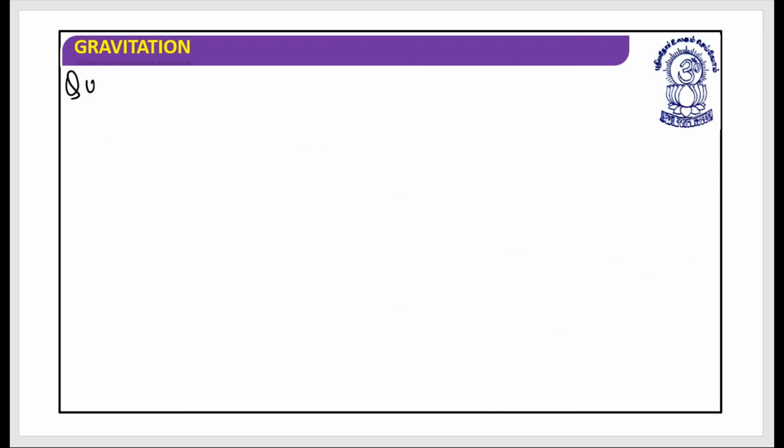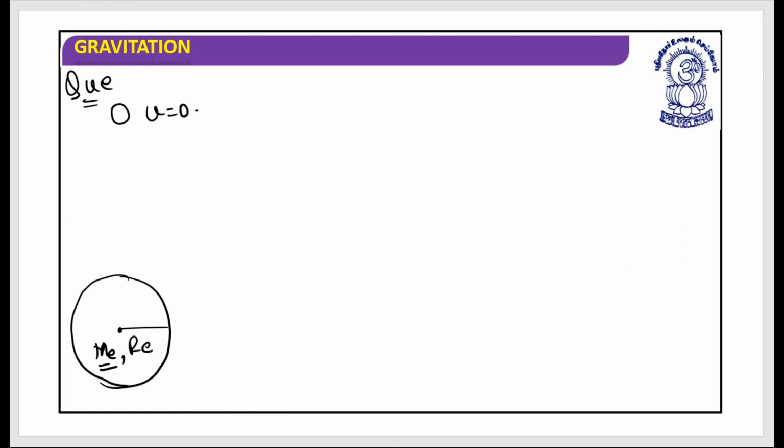Now let's look at the second question. Let's say this is the surface of the Earth, this is its center, this is the radius RE, and this is its mass which we call ME. Here the object was at rest, it is going to free fall and be dropped from here.